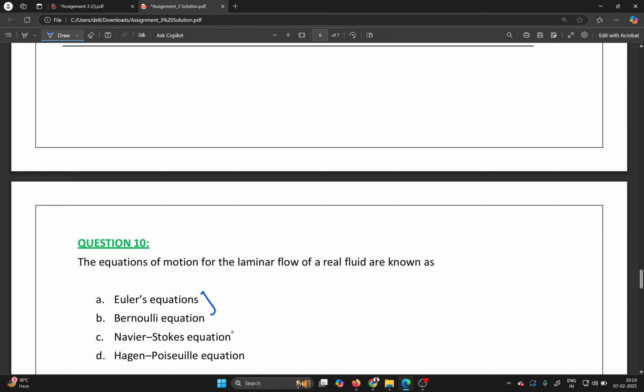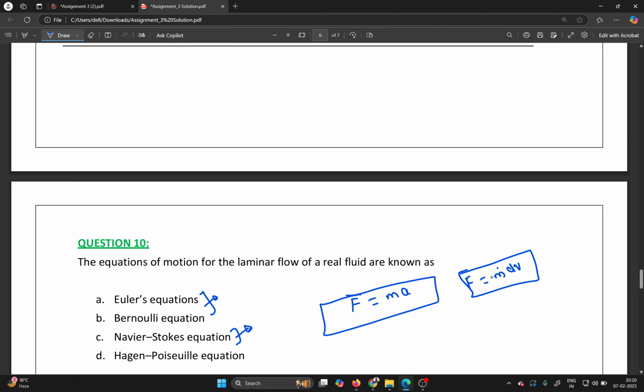The basic idea is that force is equal to mass into acceleration, as everyone knows, or you can say mass flow rate into change in velocity.